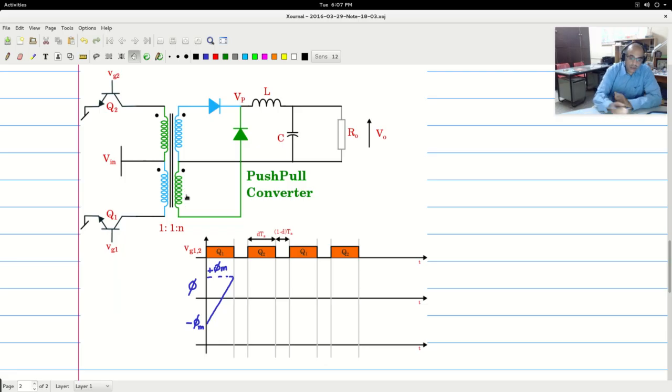Therefore, once there is no change in flux, d phi by dt is 0, voltage is 0, and the flux continues to be wherever it was.